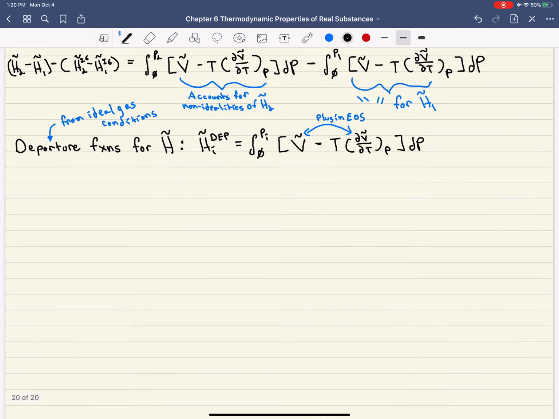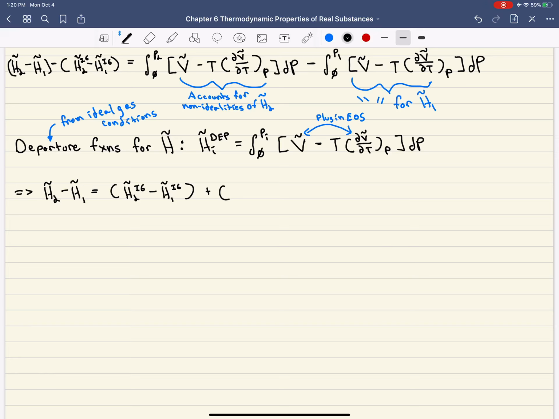And so going back to just looking at H2 minus H1, what that is going to be equal to is the sum of the differences of the ideal gas streams, I guess this is a sum.